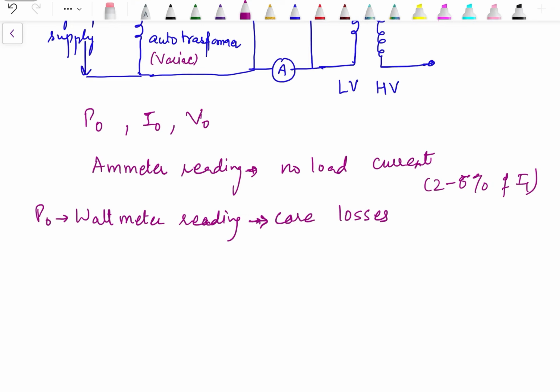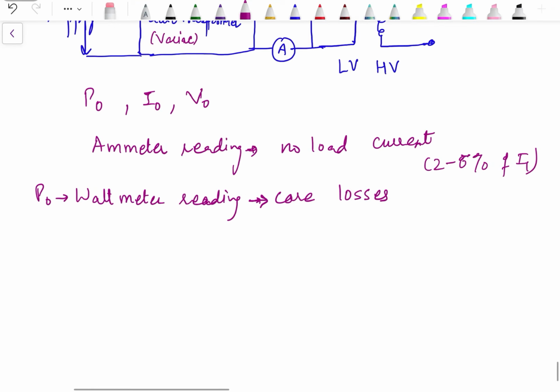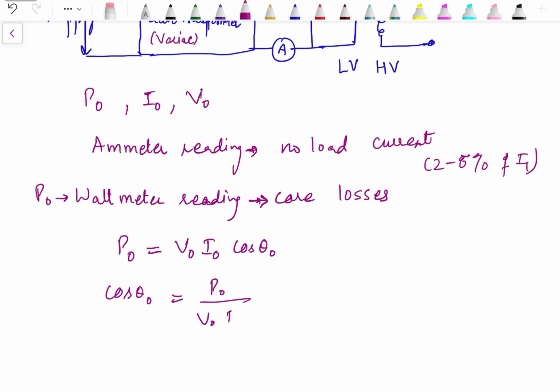What else do we get from this? We have this wattmeter reading which is equal to V naught I naught cos theta naught. So from here we can have the value of cos theta naught as P naught upon V naught I naught, since we have the reading of voltage, current as well as the power.